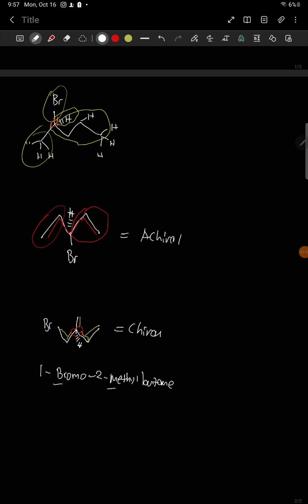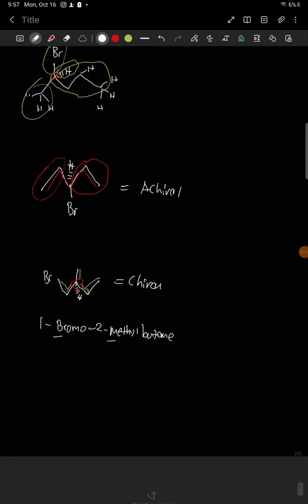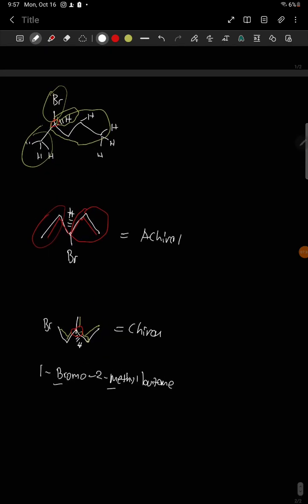All right. Let's try one more example. I have 2-bromo-2-methylbutane, Br. Alright, how about this one?